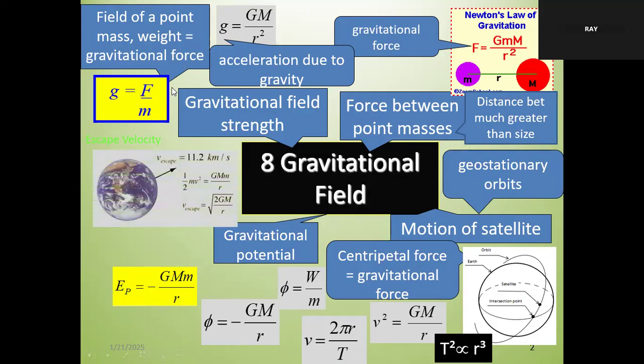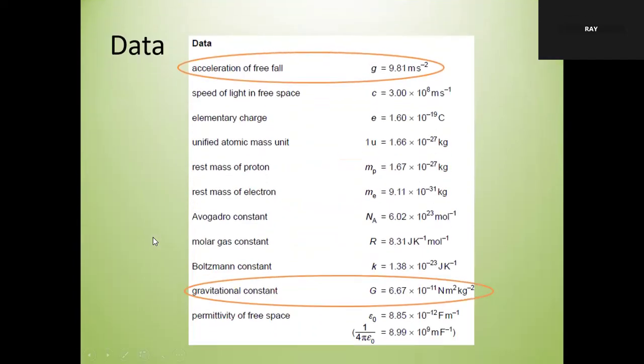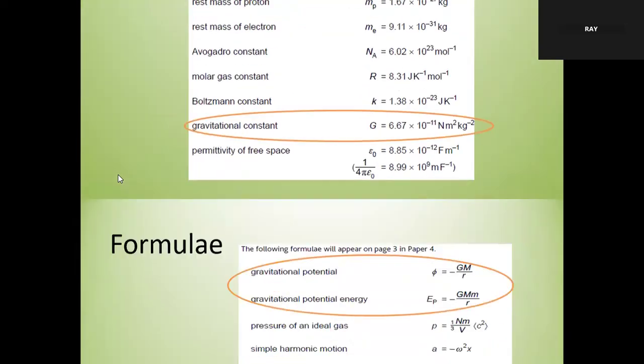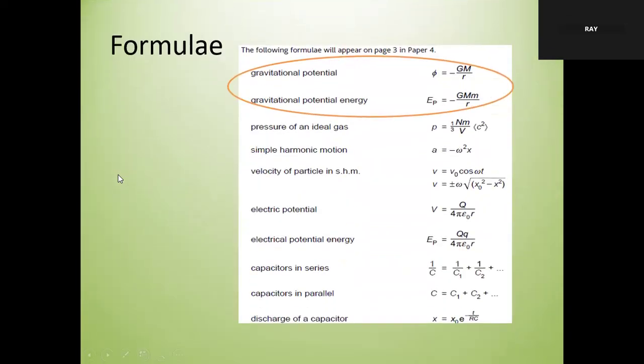Escape velocity, normal in the syllabus. Okay, that's your data. Know where to find your gravitational field constant, capital G, acceleration due to gravity, and the formulas given, gravitational potential, gravitational potential energy.